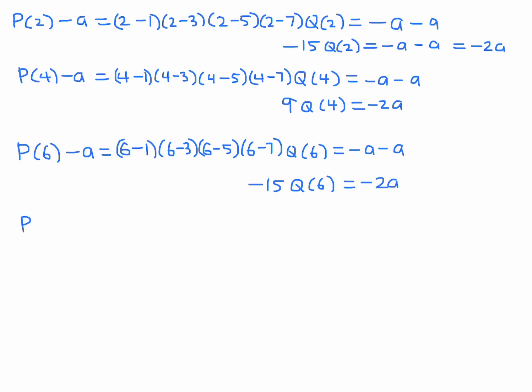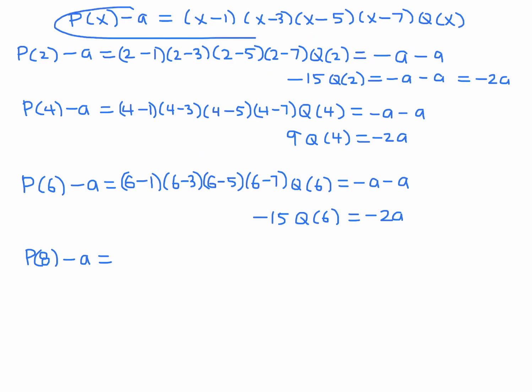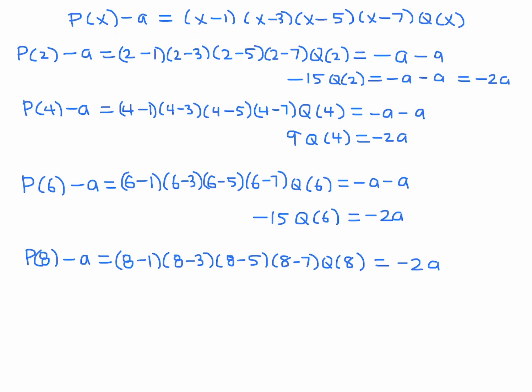And then finally, we do p(8) in the exact same way, using this same equation up here, and if you do the math there, you get 105q(8) is equal to minus 2a.